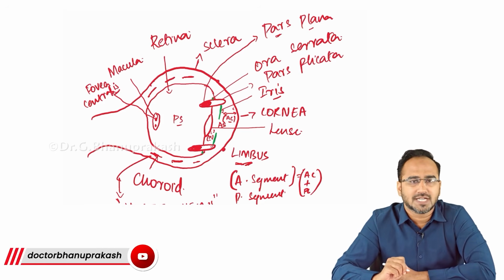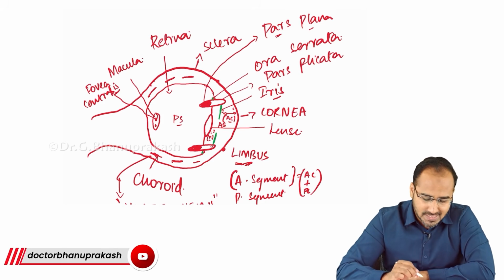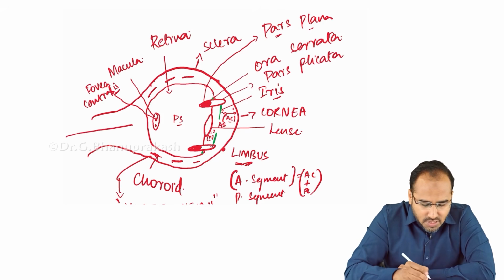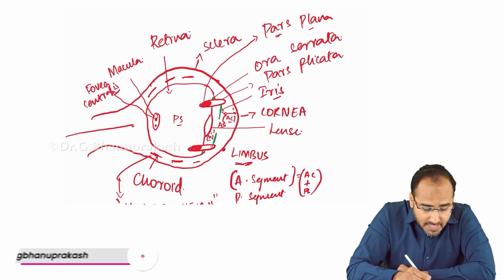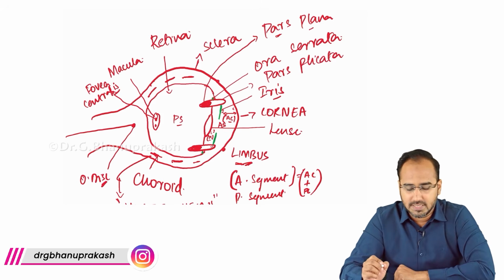Light sensitive structures are there in the center of the macula, that is called the fovea centralis. Then the eye is supplied by a nerve called the optic nerve, and at the beginning of the optic nerve you see a disc which is called the optic disc, right guys?